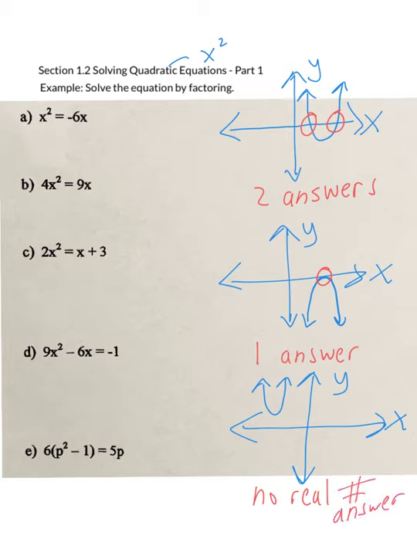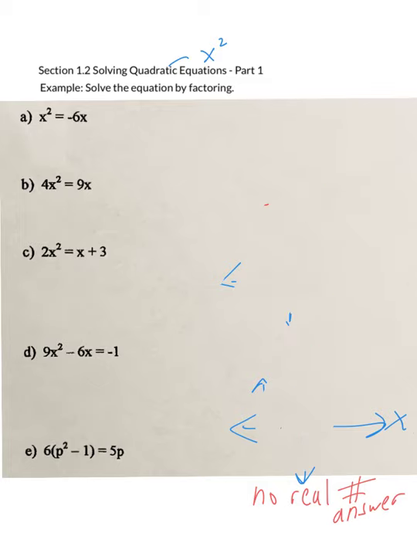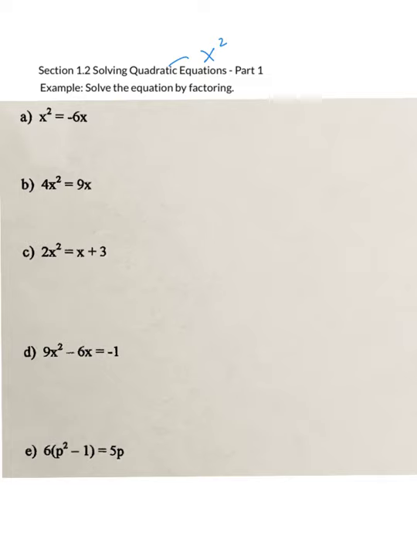So just keep in mind that whenever we're solving quadratic equations, those x squared equations, you will have up to two answers each time, and that you're actually solving for x-intercepts for these parabola shapes if you were to graph them.